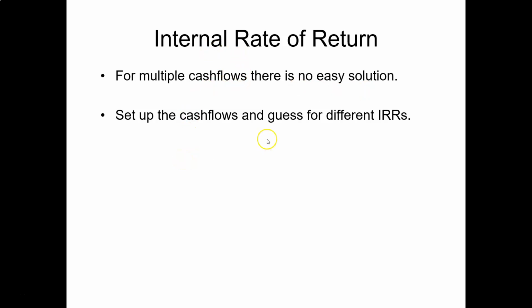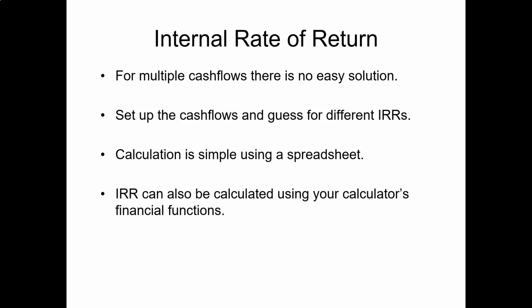So we guess and verify to find the implied discount rate for this investment project, calculating the internal rate of return. We can use the Excel spreadsheet to make this guess and verify. Or you can calculate the internal rate of return with your calculator.